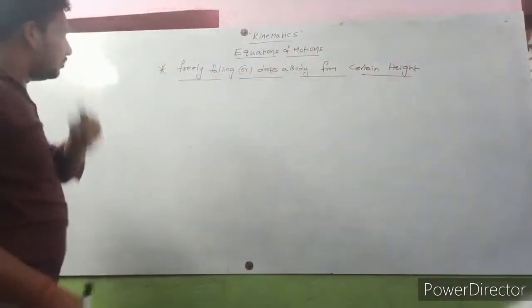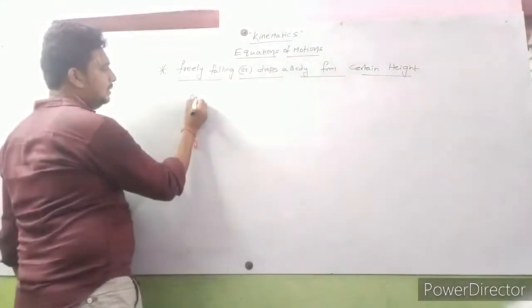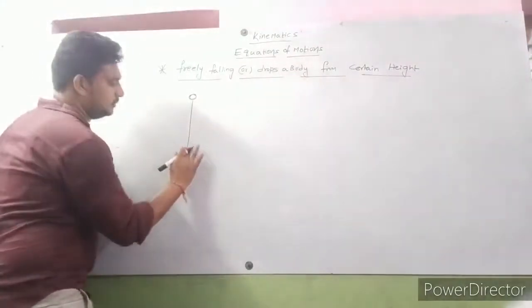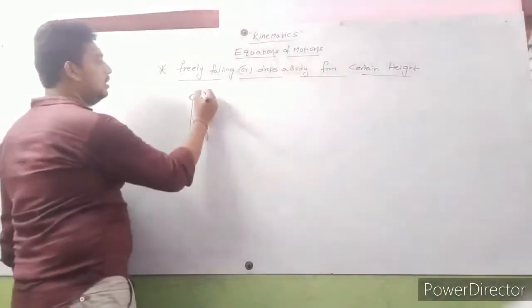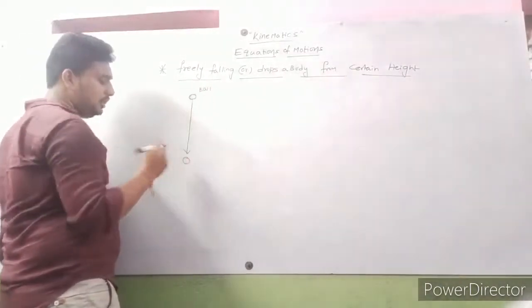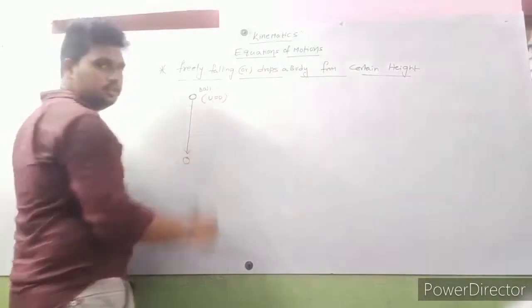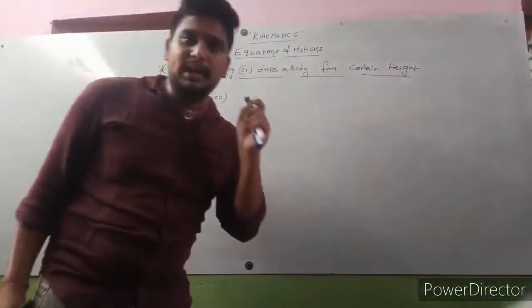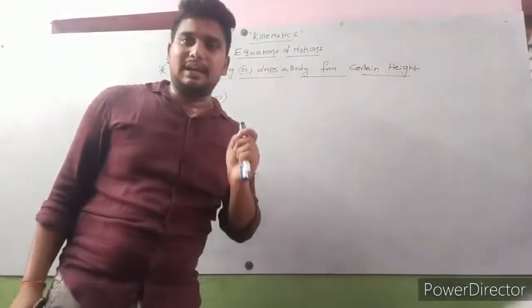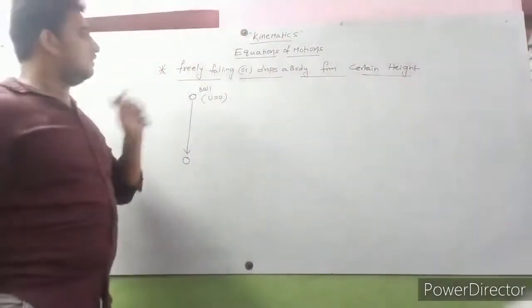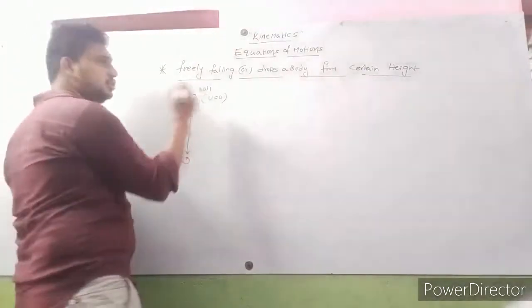For a freely falling body, for example, this is a body, it falls freely from here and reaches here. I'll consider it as a ball. This ball is going to freely fall. For a freely falling body, initial velocity is equal to 0. Whenever one body is freely falling, definitely its initial velocity is equal to 0.